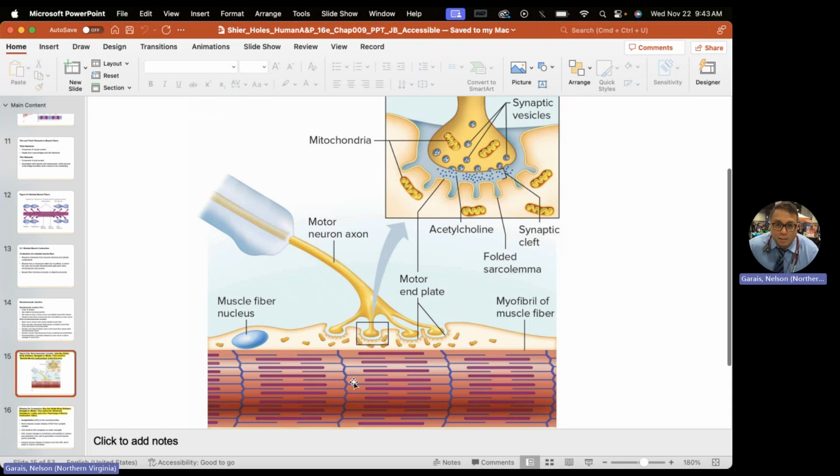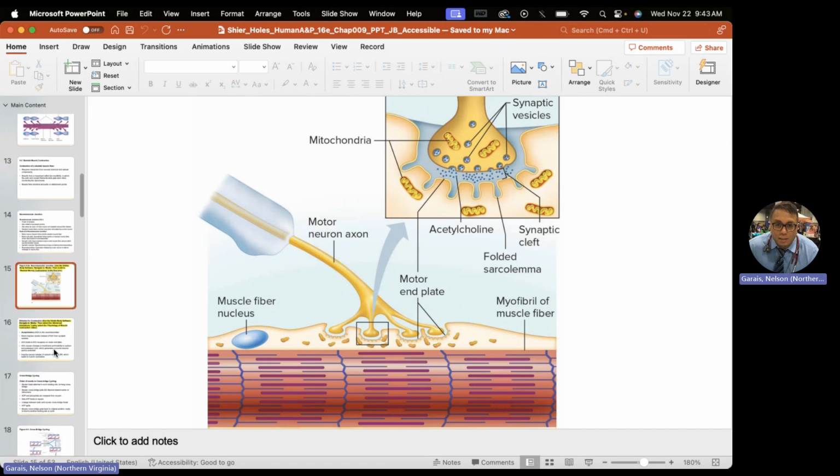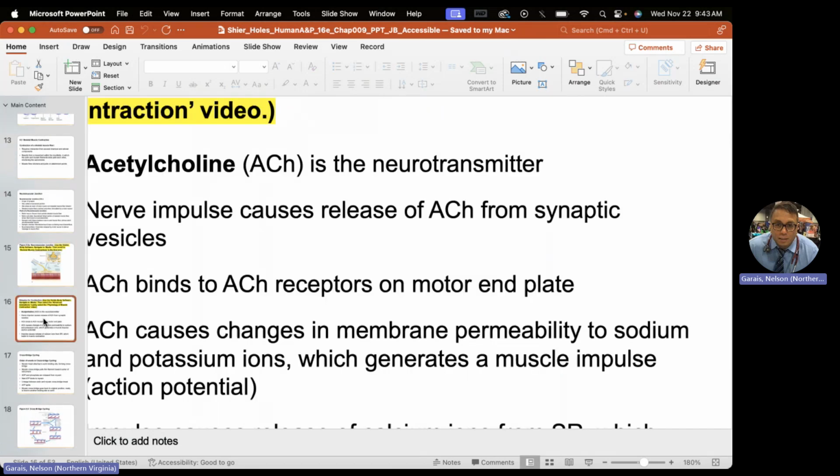All right, and it will signal the release of calcium, and then you can relook at that video regarding muscle contraction.